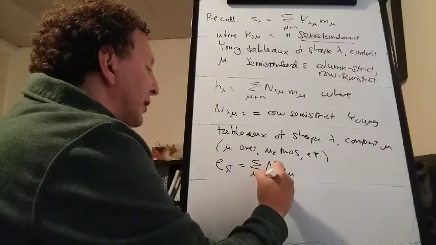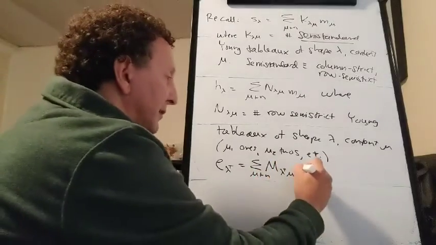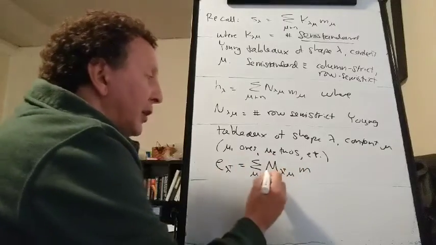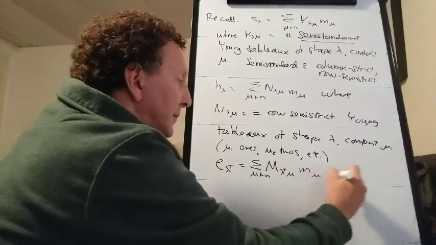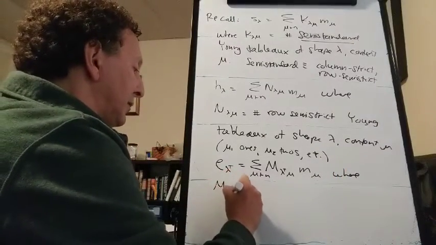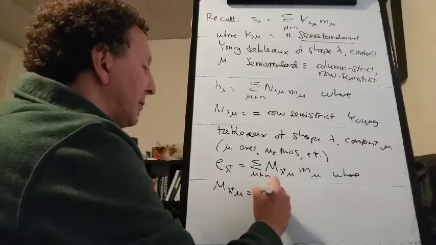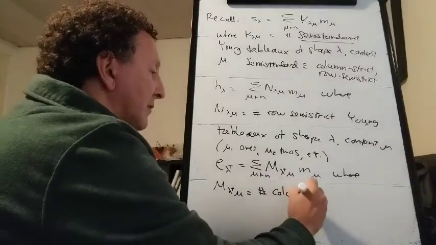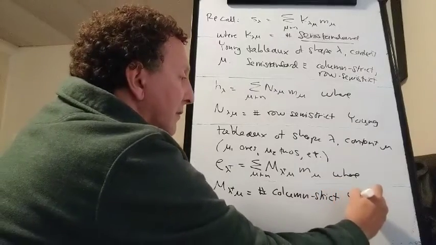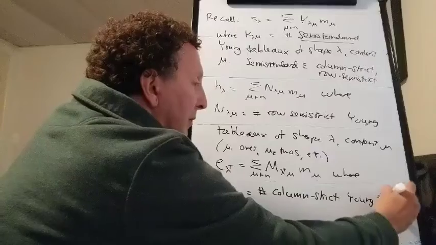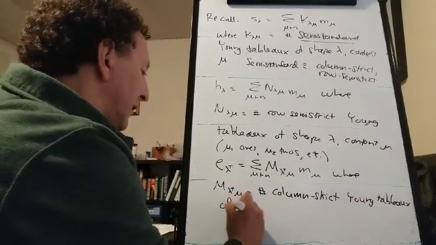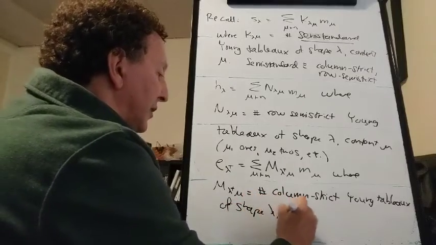So if we want to express the elementary symmetric functions in terms of the monomial basis, if we want to express e lambda transpose in that basis, the coefficients are m lambda transpose mu, where m lambda transpose mu equals the number of column strict Young tableau of shape lambda and content mu.